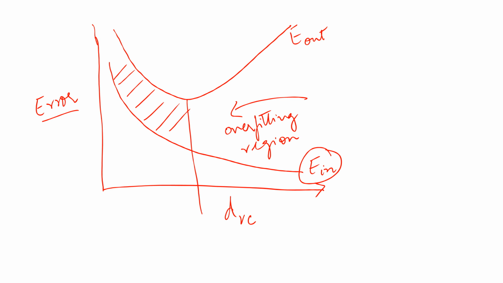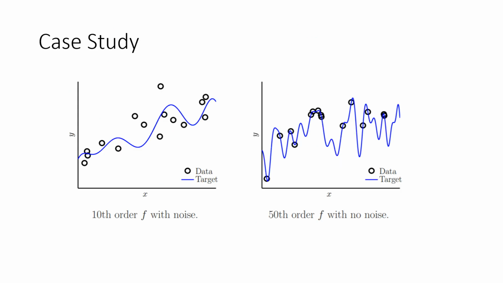Okay, so to illustrate further, we have a case study where we are looking at overfitting with polynomials. So let's look at this. This is the case study where the blue curve is the target function and we have some data.